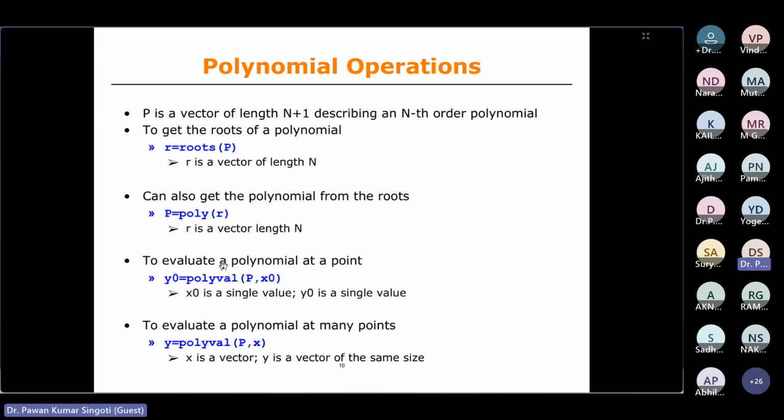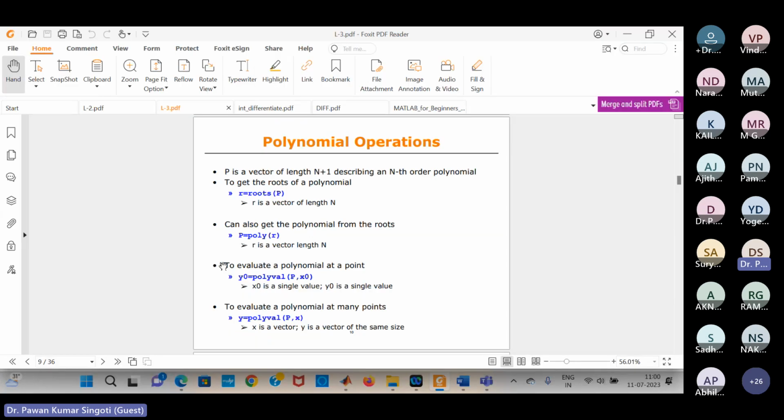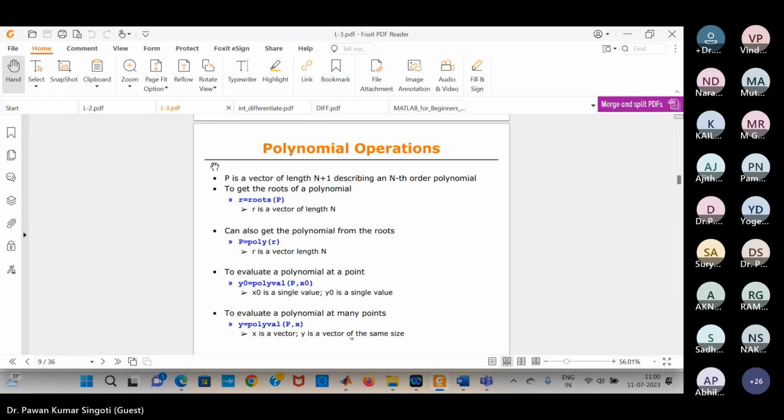After making these polynomials, we can find the roots. If roots are available, then we can also get the polynomials, which I am showing with an example.